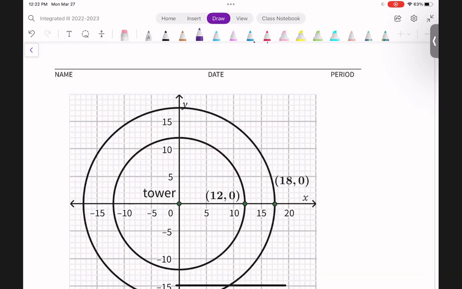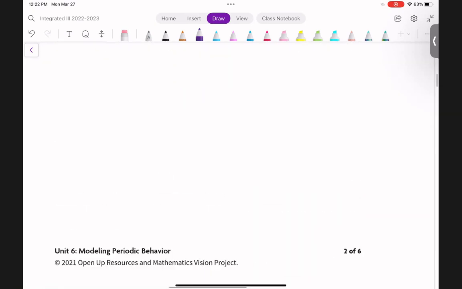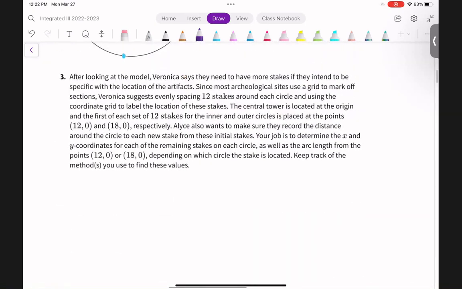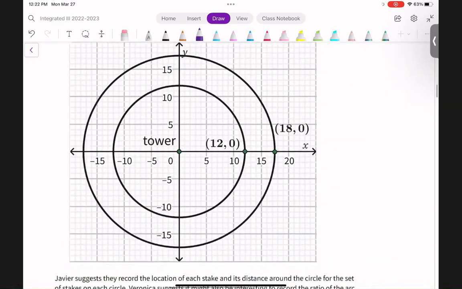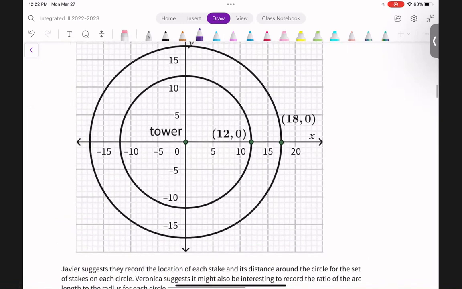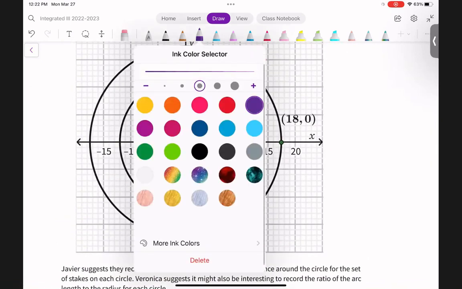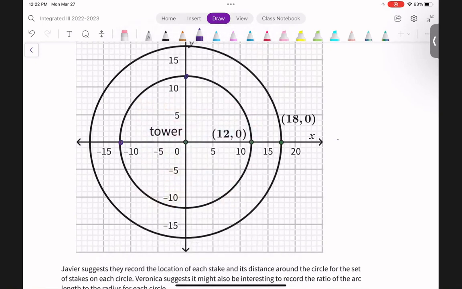Okay, give me 1 second. Just so we're on the same page, one key thing that you have to know is they're going to start with 12 stakes around each circle. So clearly you're going to get some at the crossbars, right? So here, here, here, and here.